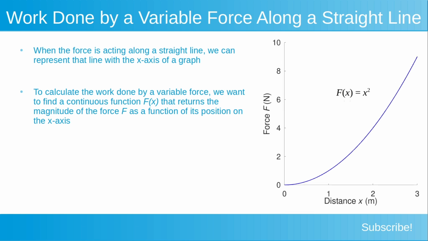Shown now on the right-hand side of the screen is a plot of a function of this type. Here we have a plot of the function f of x is equal to x squared. On the y-axis, we have the force F in newtons, and on the x-axis, we have the distance x in meters. So, for example, at a distance of x is equal to 2 meters, the force is equal to 2 squared, which is equal to 4 newtons.